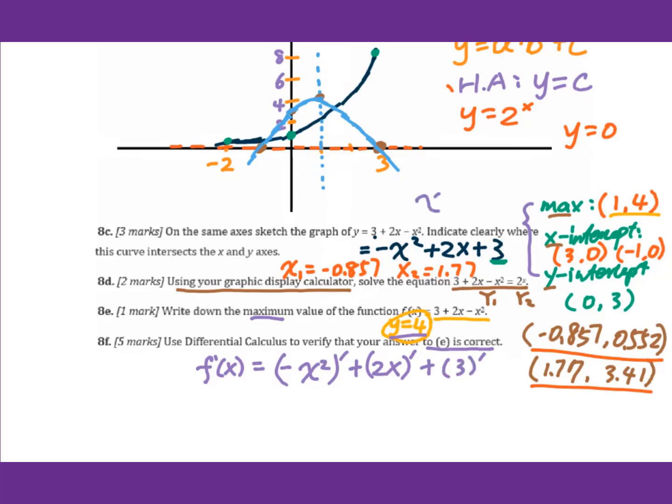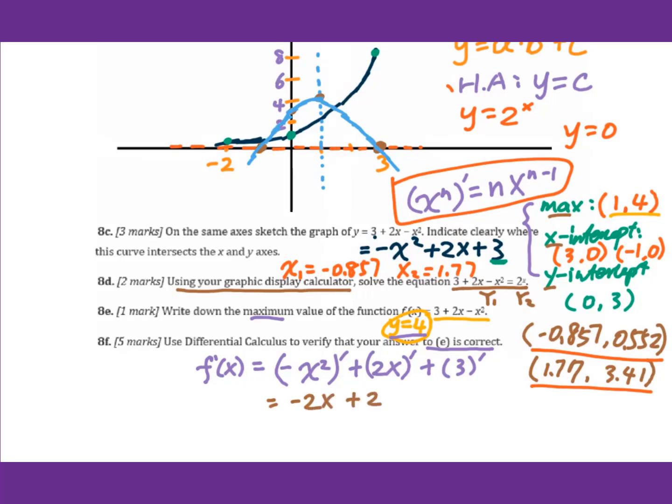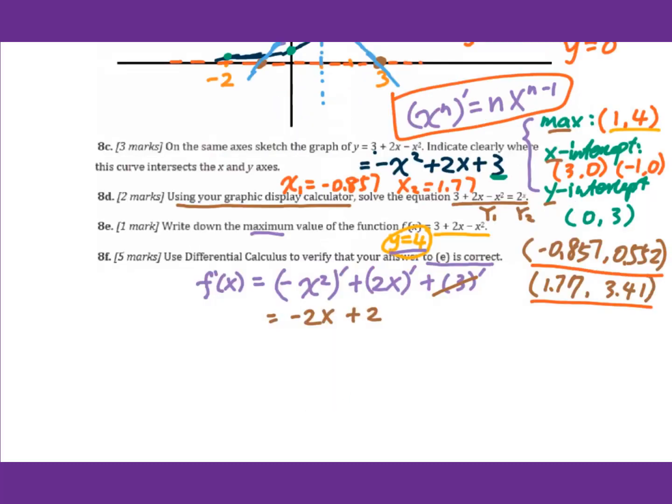Using the formula, x to the nth power, the derivative is n x to the n minus 1. Use this formula. Then here you will get negative 2x plus 2. This will be 0. This is the first step. Second step, you will set up the derivative function equal to 0, which means negative 2x plus 2 equals 0. So x equals 1.